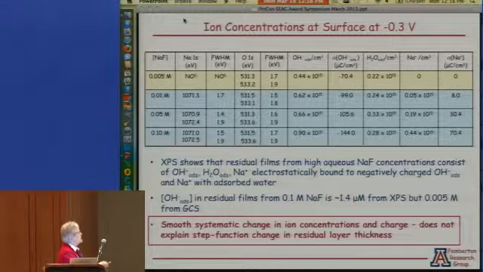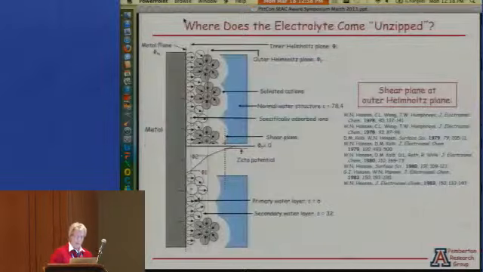And that's the point. It systematically changes with concentration, as you might expect. There is no step function change in ionic composition in the interface. Okay, so this does not, in and of itself, explain the step function change that we see in the thicknesses of these residual layers. So again, we're back to the drawing board.